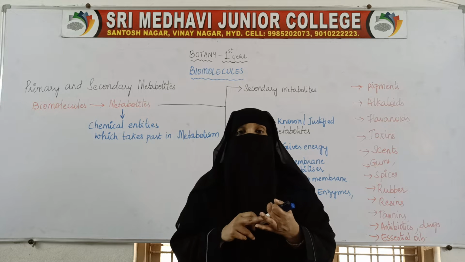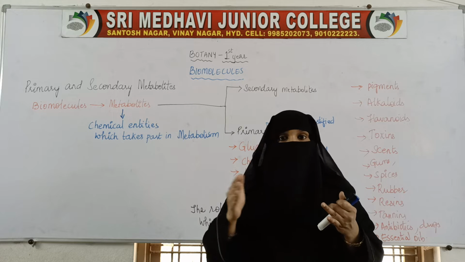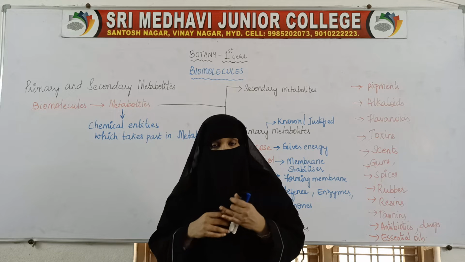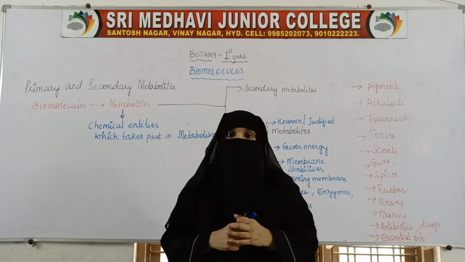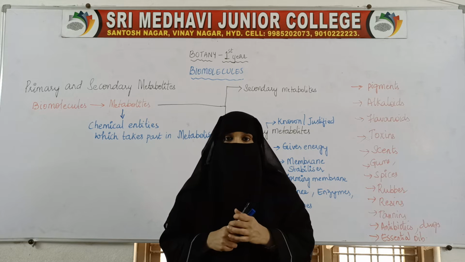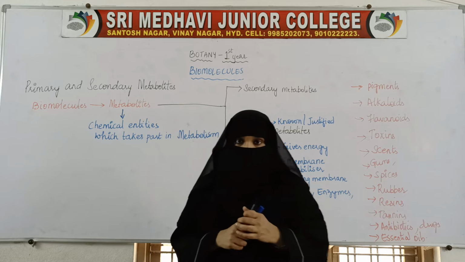Which sugar? Deoxyribose sugar. So many nucleotides combine together and make a polymer, a very large molecule, and that is called DNA.